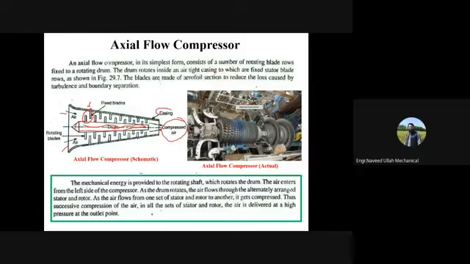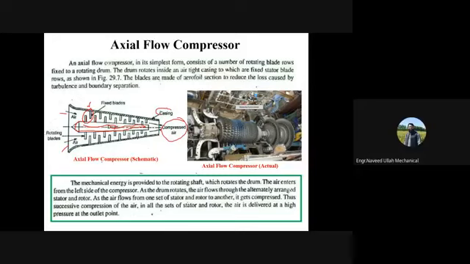But in the case of a compressor, it is vice versa. The cross section between two blades will be such that the area increases as the air travels from left to right. The area increase means the air pressure will increase, and it will look like a diffuser.